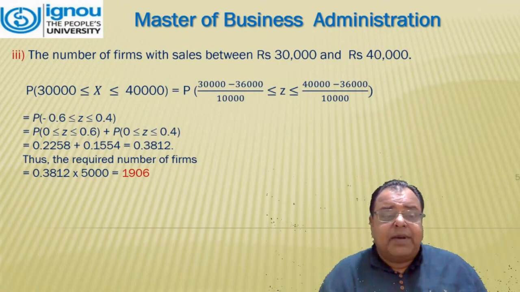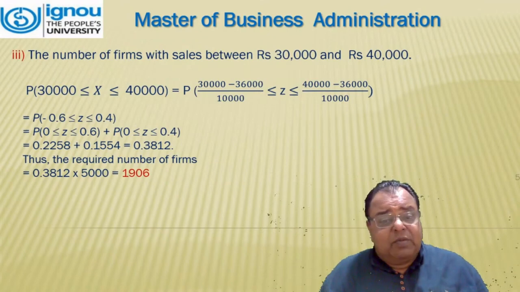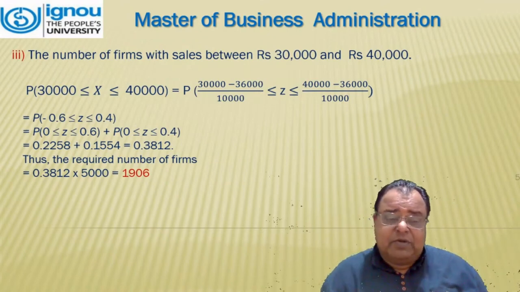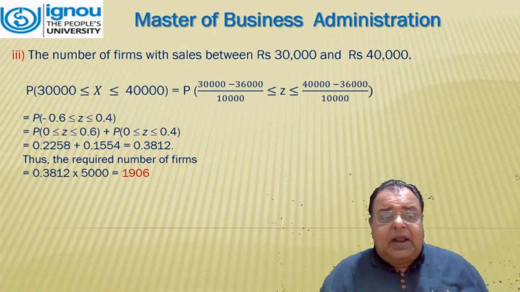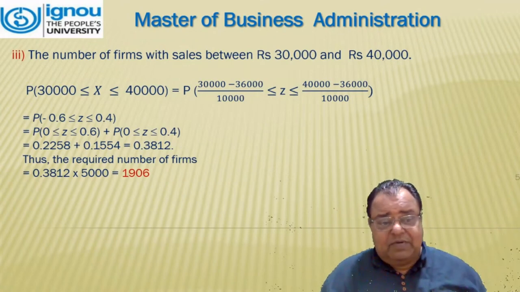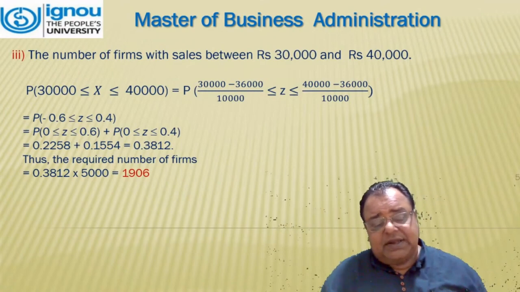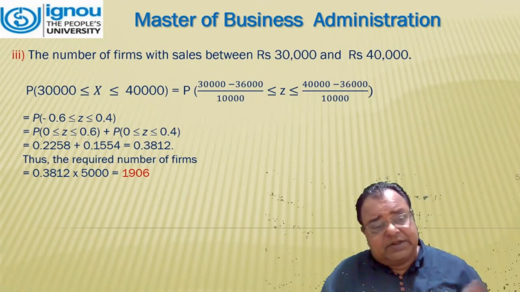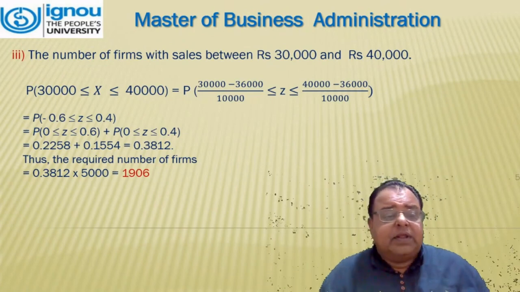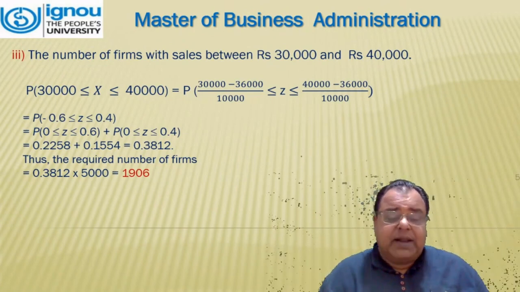We get probability as minus 0.6 less than or equal to Z less than or equal to 0.4. Now, since we have a negative value, we will be splitting this into two parts, 0 to 0.6 and 0 to 0.4. So we will be writing it in the same manner.